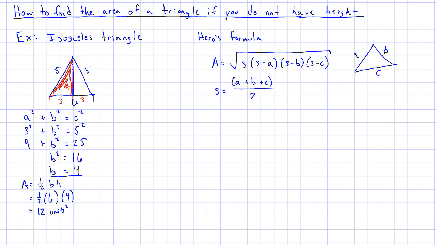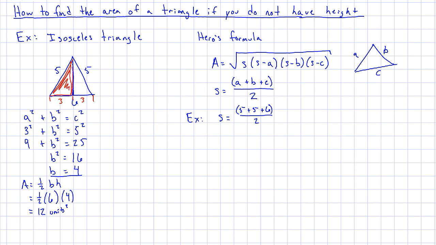over 2. So let's go ahead and apply that using this isosceles triangle that we just did and see what happens. So for the previous example, let's consider s. Now, my side lengths were 5, 5, and 6. So I'll have 5 plus 5 plus 6 divided by 2, this semi-perimeter.